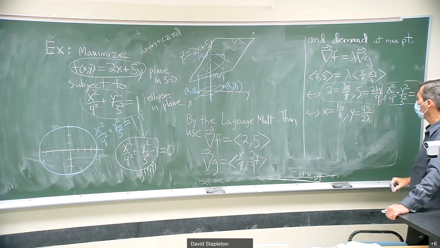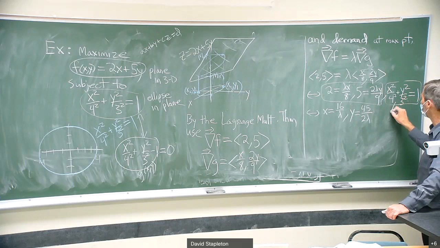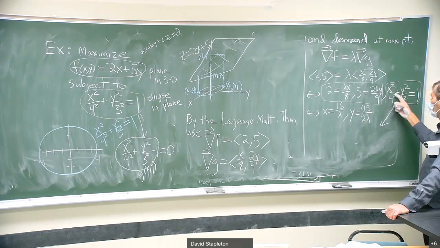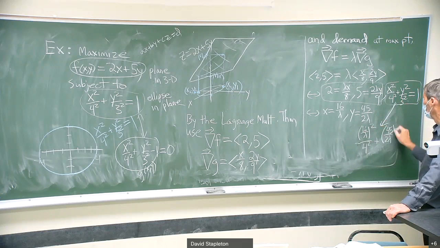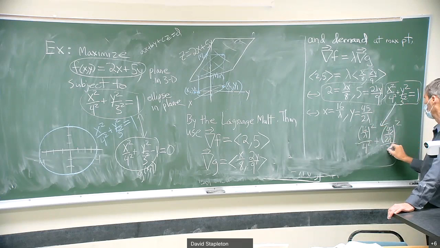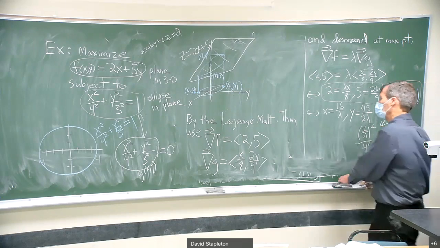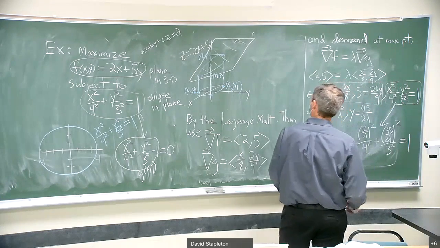And then I can substitute those into this one, and I'll get this down to just a function of lambda. So x squared is 16 over lambda squared, that goes by 4 squared, plus y squared is 45 over 2 lambda squared over 3 squared equals 1. Now I've got an equation in just lambda. I can try and solve that.